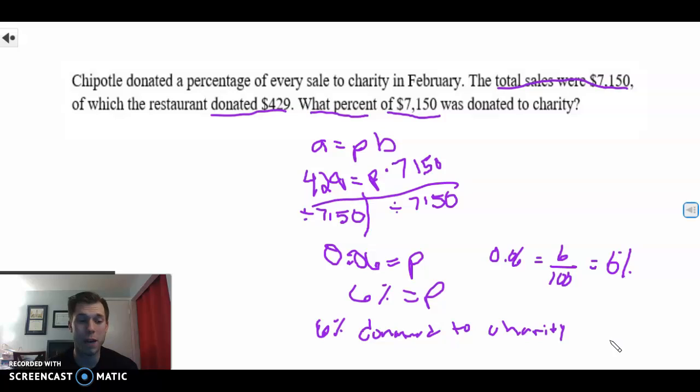I'll be available from 9:30 to 11 a.m. on Google Meet, so please ask me if you're having any difficulty with this. I understand it's a little more challenging than what you guys have been doing to this point, but keep in mind, just ask yourself what's the part and what's the whole. Recall that A is the part and B is always the whole, and you guys will do excellent.